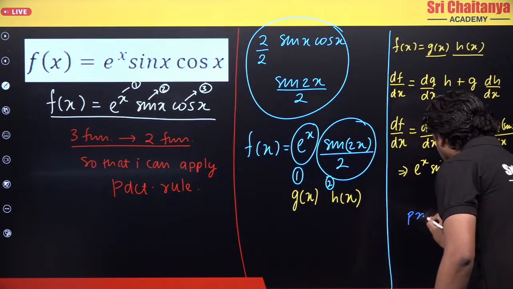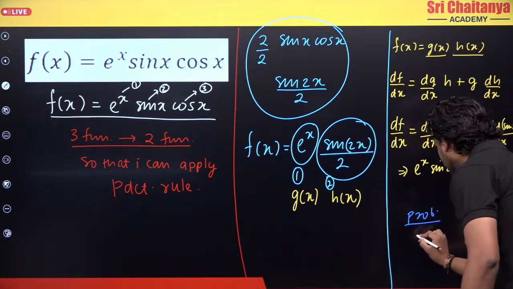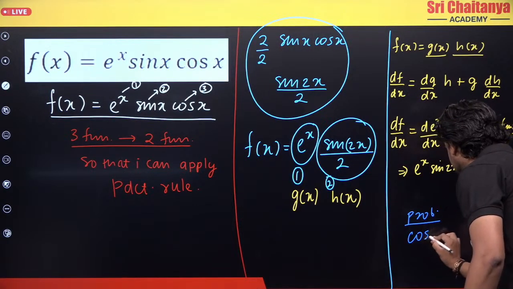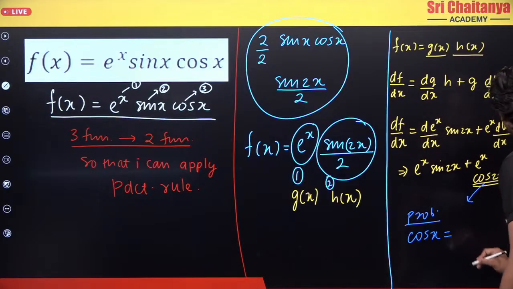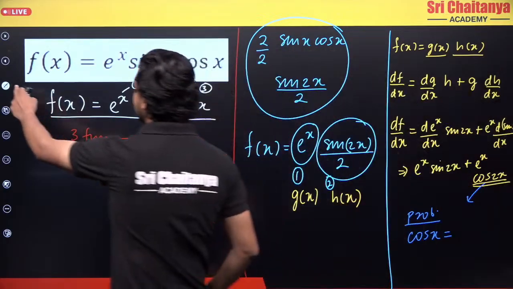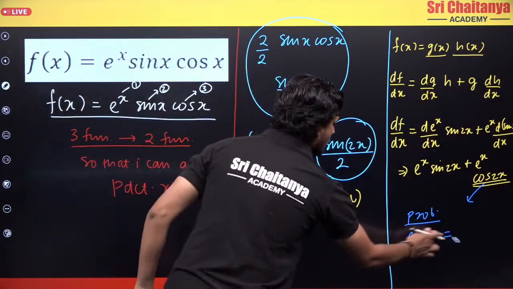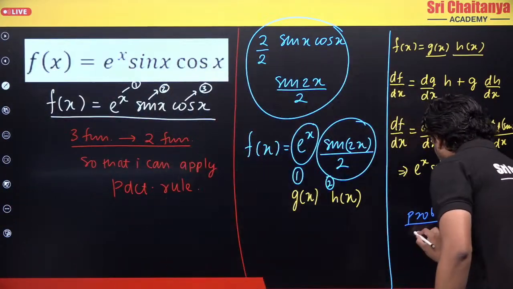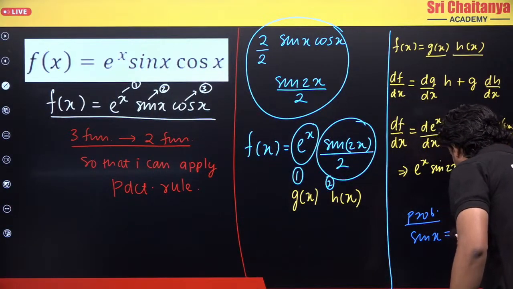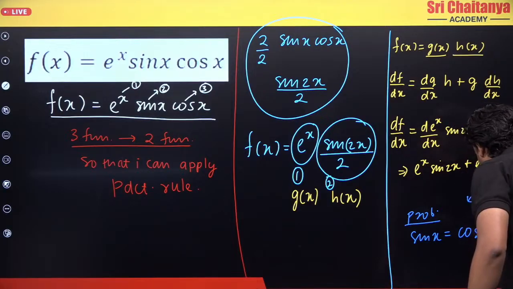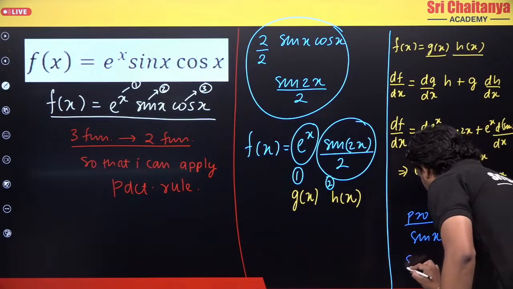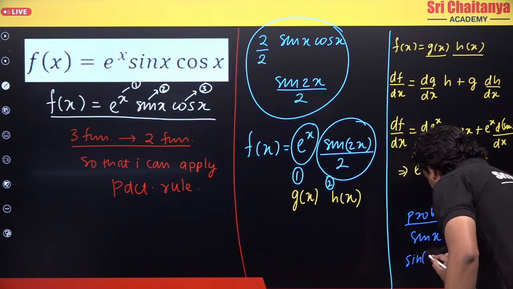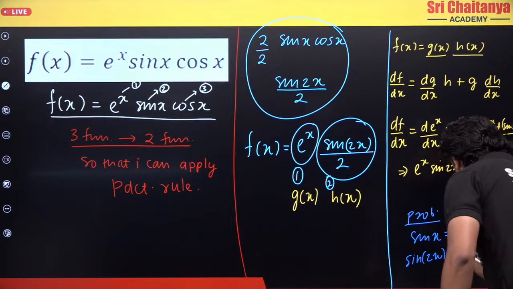The problem here is that I know that the differentiation of sin x is equal to cos x. But is the differentiation of sin 2x equal to cos 2x?